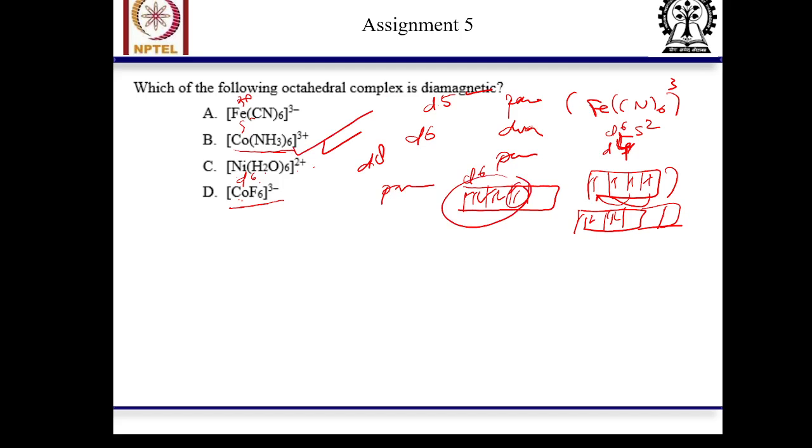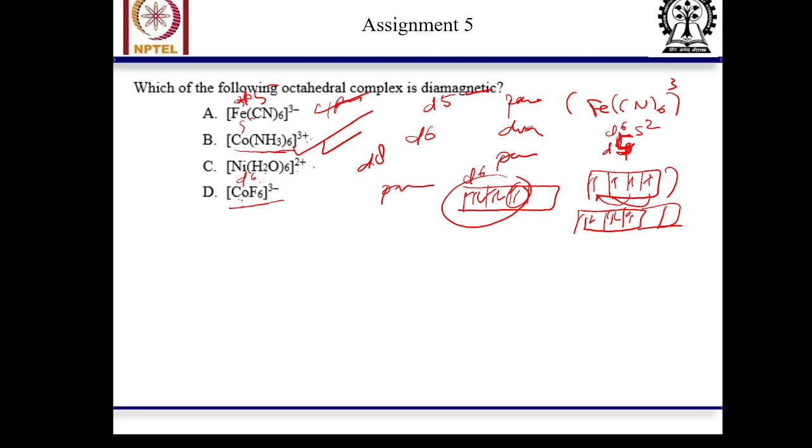Which of the following octahedral complexes is diamagnetic? Can we just see once again? Okay, sorry, this is d5. Right? d5 means it has one unpaired electron, so it will be paramagnetic in nature.